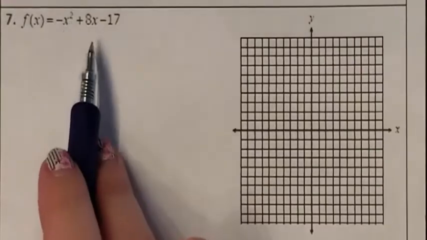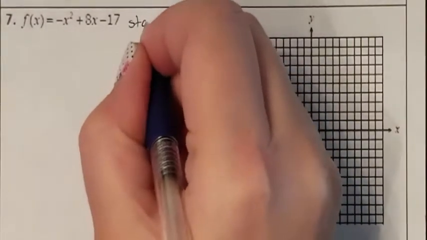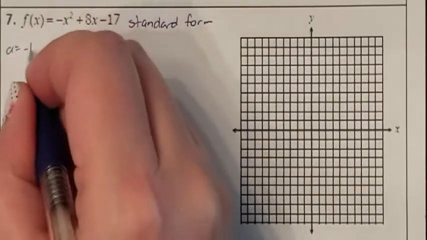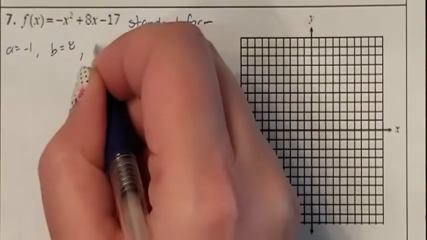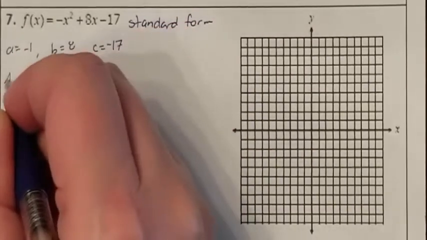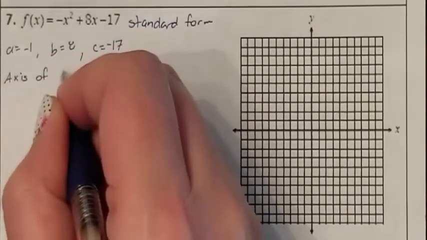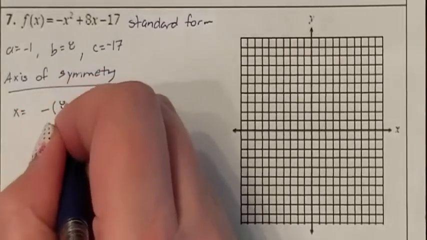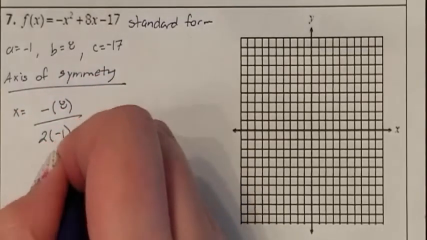I have x squared, x, and a non-x. This matches standard form. In standard form, you need to locate your A, your B, and your C so that we could then find the axis of symmetry. Your axis of symmetry is the opposite of B all over 2A.